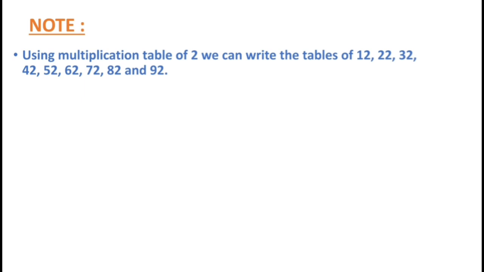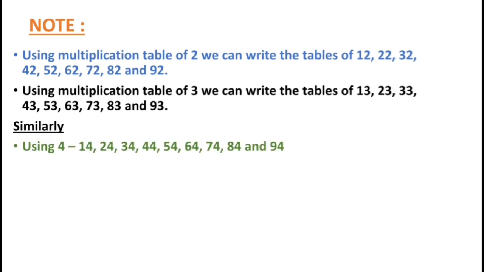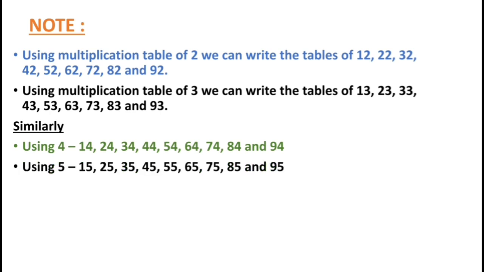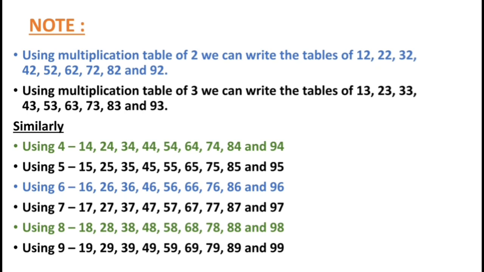Same way you can find the table of 52 also using the 2 table. Using the 3 table, we can find the multiplication table of 13, 23, 33, 43, 53, 63, 73, 83 and 93. Similarly, using the 4 table, we can find the 14, 24, 34, 44, 54, 64, 74, 84, 94 tables. Same way, using the 9 table, we can find the 99 table also. 19 to 89 tables we can find out.